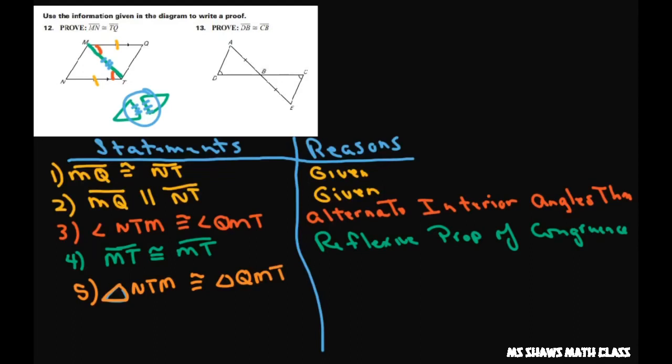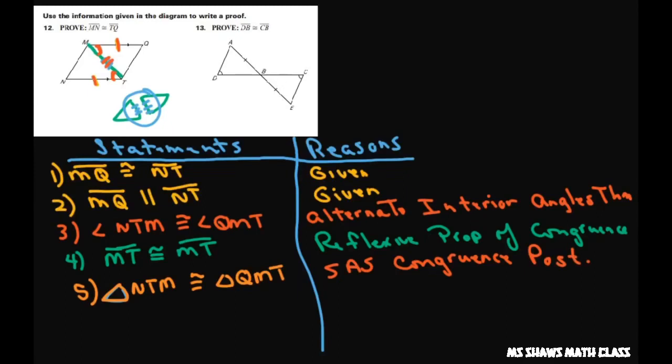And that's because of your side, angle, side. See if you see it. This is side, angle, side. This one's side, angle, side. So that's your side, angle, side congruence postulate.